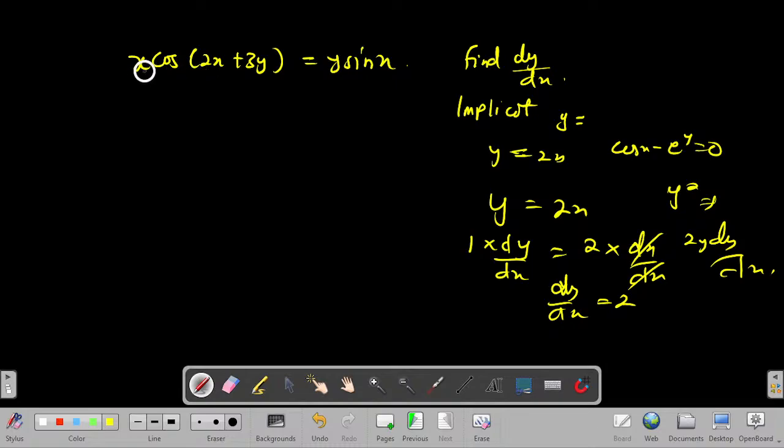Product rule means that you hold on to this, differentiate that, and so on. So for the first thing, let u equal to x, and v be equal to the cosine.